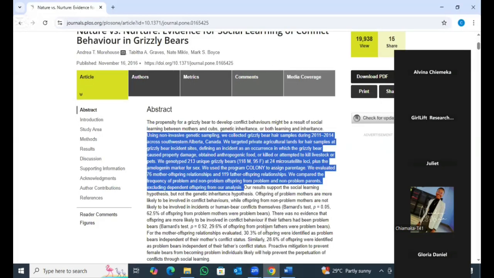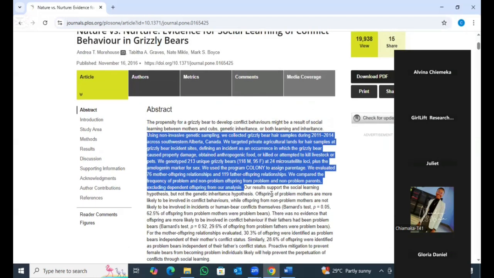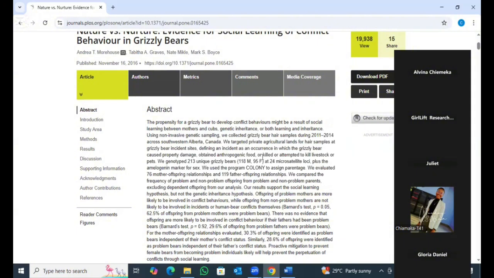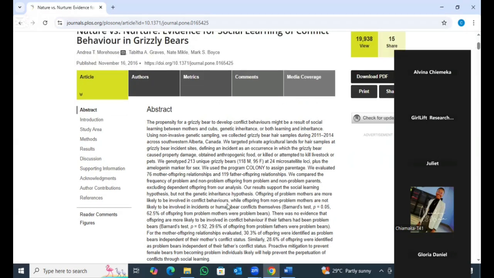Yes, ma'am. Okay, so if you look again at the result, it says our results support. Now remember, this abstract is giving you everything you need. Once you have a good abstract, you've gotten everything. If you read only the abstract, you can fill your tables out. It says our results support the social learning hypothesis, but not the genetic inheritance hypothesis.